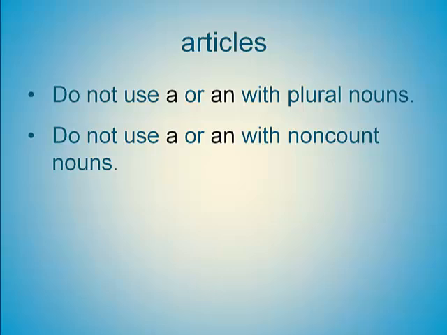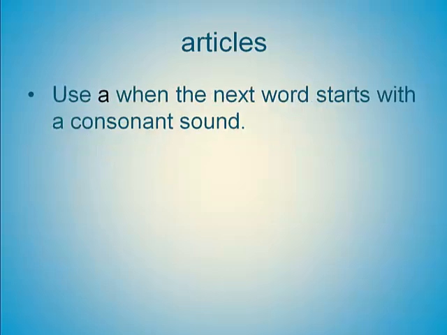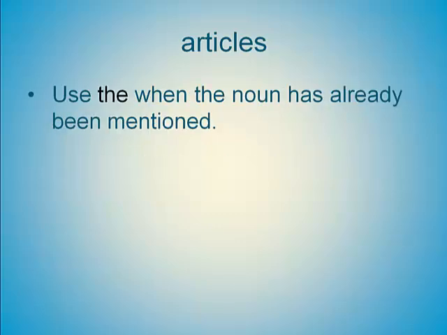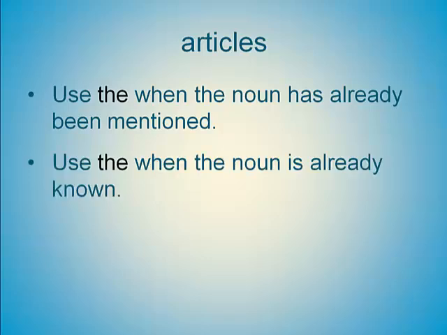We do not use a or an with non-count nouns. We use a when the next word starts with a consonant sound, and we use an when the next word starts with a vowel sound. We use the when the noun has already been mentioned, and we use the when the noun is already known.